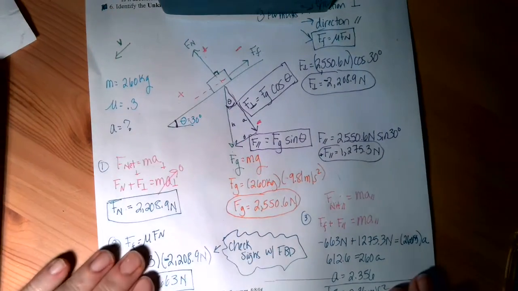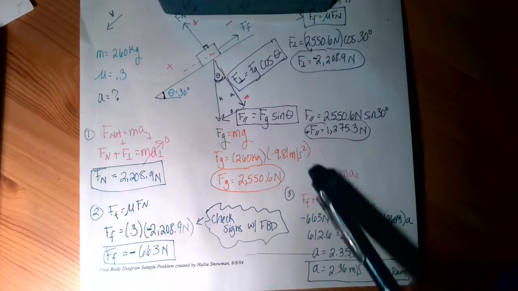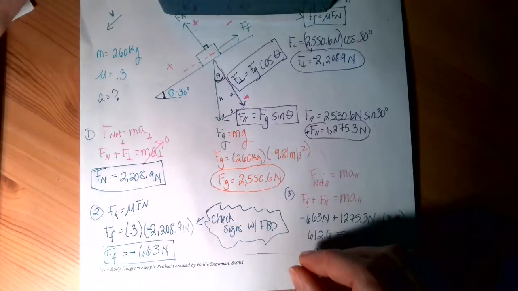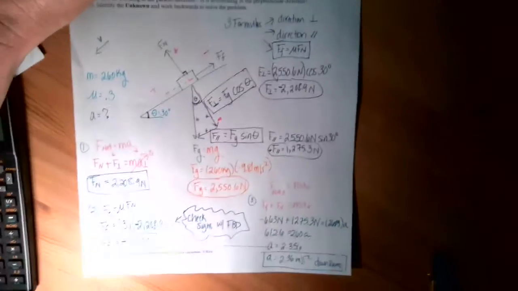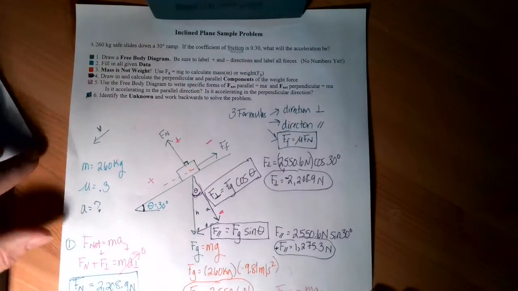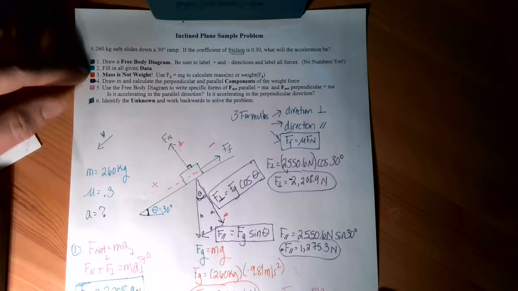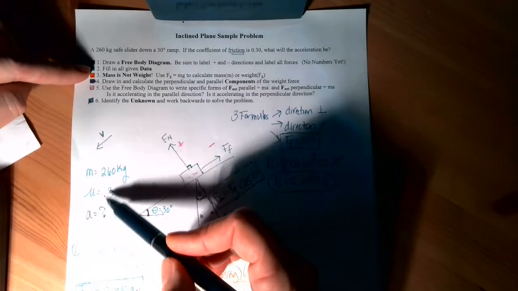Whew! Okay, let's sum up what we did here because this was a lot. There's the final answer. And I'll throw the key on here. So, we did a free body diagram. Okay, let's zoom out. We're running out of time here. We got a free body diagram. And we labeled all the forces and gave them names. There were 3 in this case. We filled in the data.